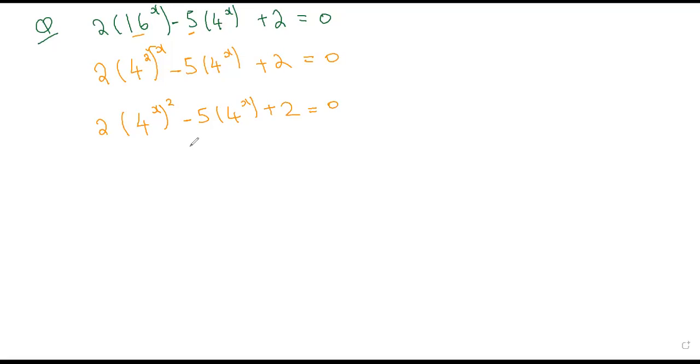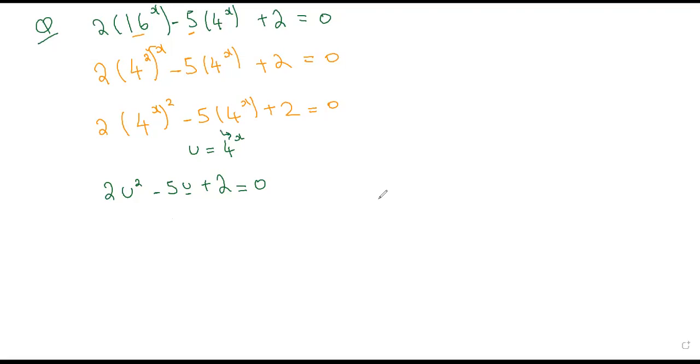You can write it as u equals 4 to the power x. So it would be 2u square minus 5u plus 2 equals 0. Now you can easily find the value of u by using the middle term breaking method. And once you have a value of u, you can use that for finding out the value of x, okay?